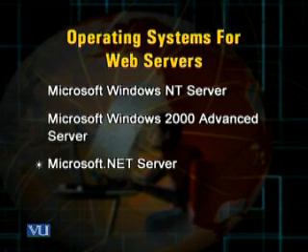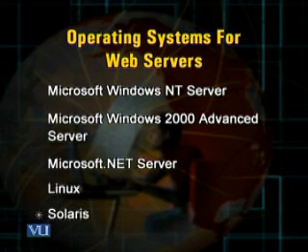Then Microsoft .NET Server, these are the three Microsoft products, and then Linux, and then Solaris. The Microsoft operating systems are quite handy, they are easy and simple to operate. On the other hand, Linux is quite popular.